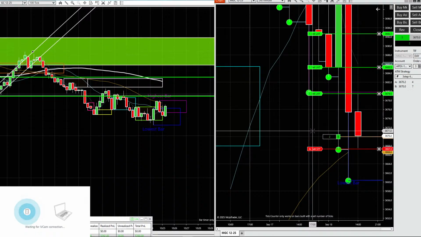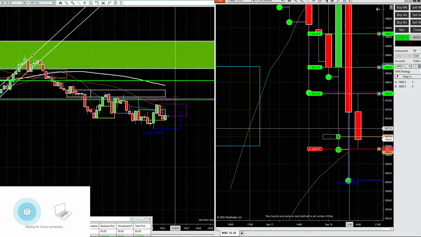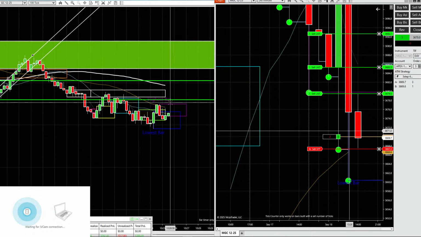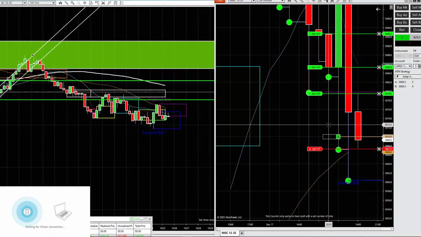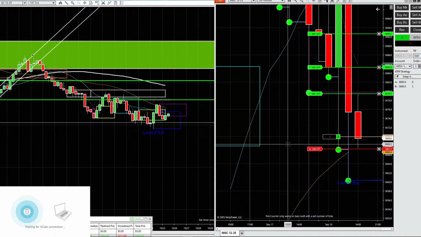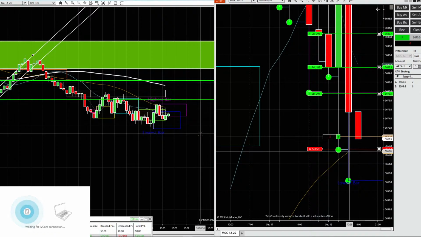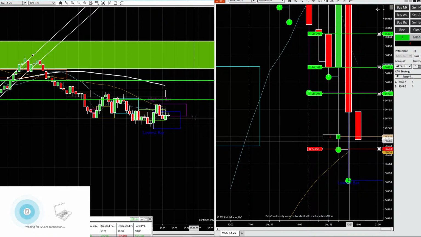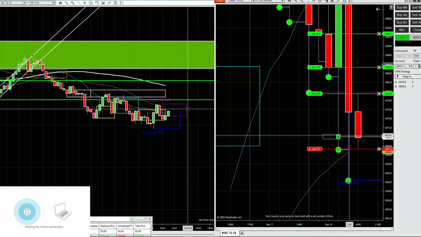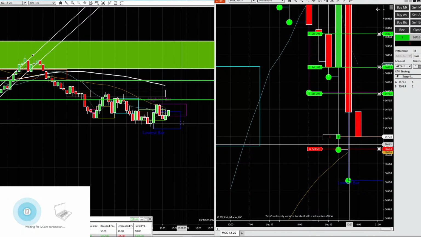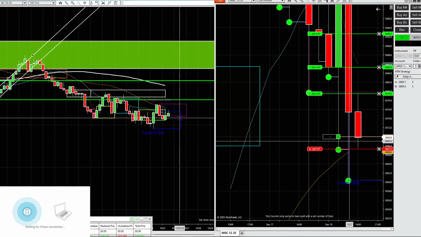Just to the end of the wick. Doesn't break it to the high here. It could come down. Another whale call.